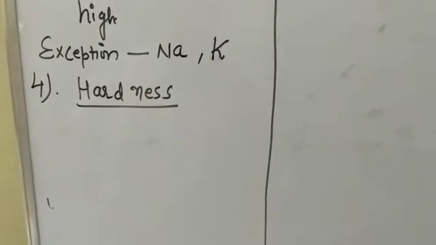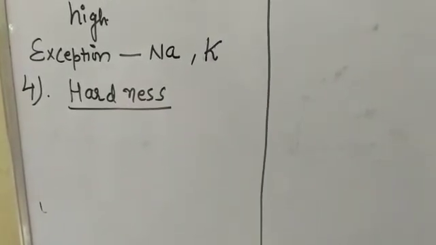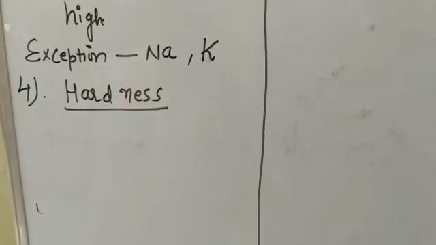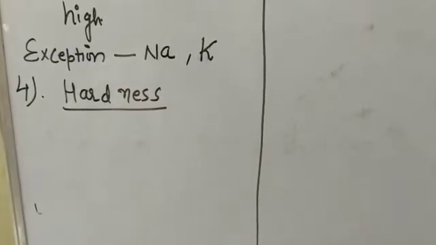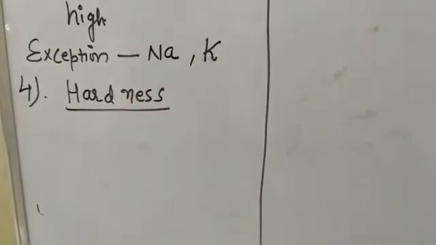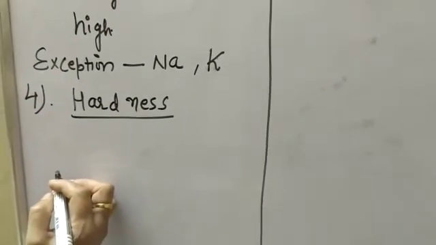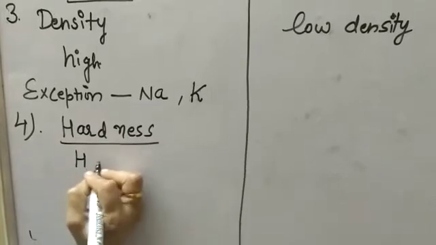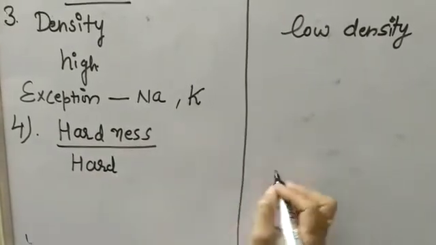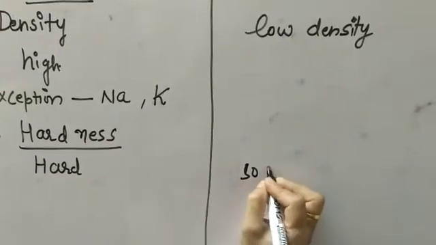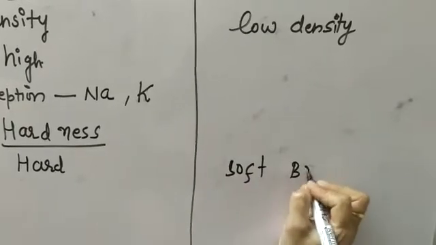While non-metals are generally not hard, they are brittle and easily break into pieces when hammered. Metals are generally very hard and non-metals are very soft, or we can say brittle.